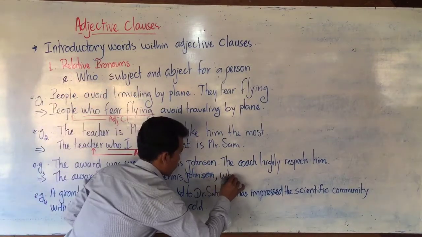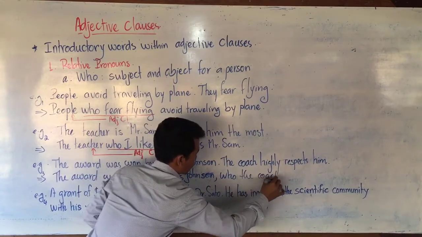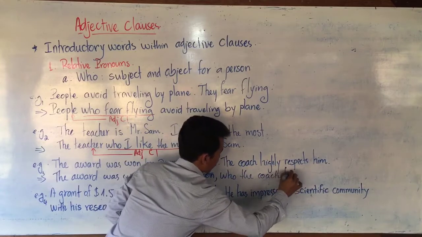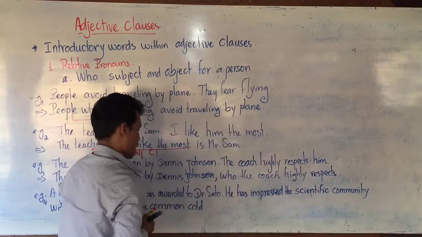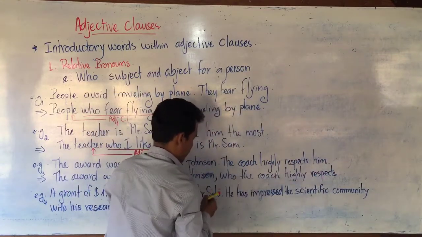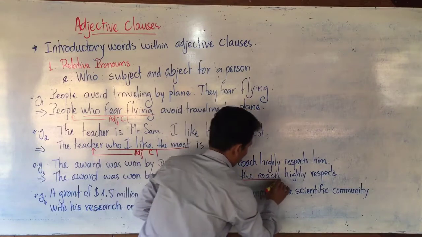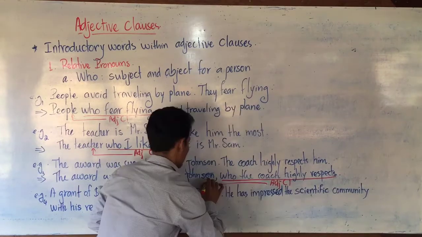We write "who the coach highly respects". So in the adjective clause, "who" replaces "him". That's why "who" is the object. So the adjective clause is from "who" to "respects". Which noun does it modify? Danny Johnson.